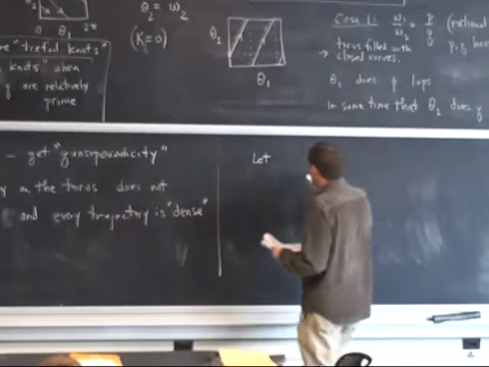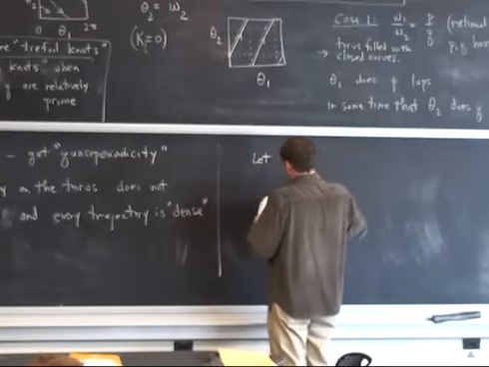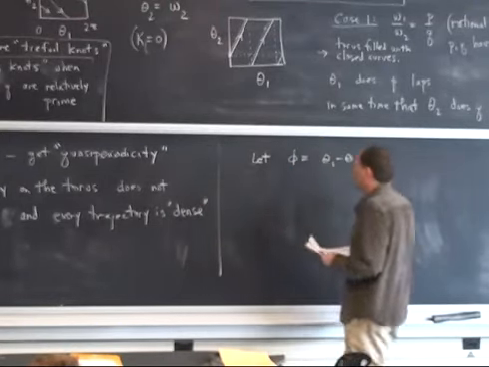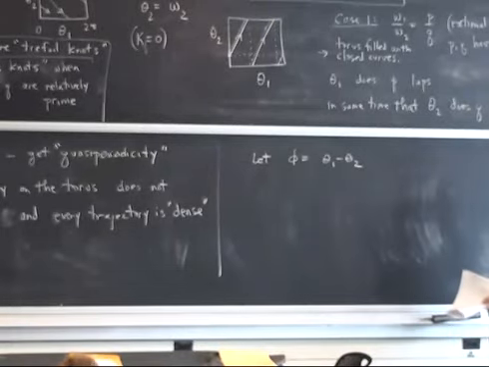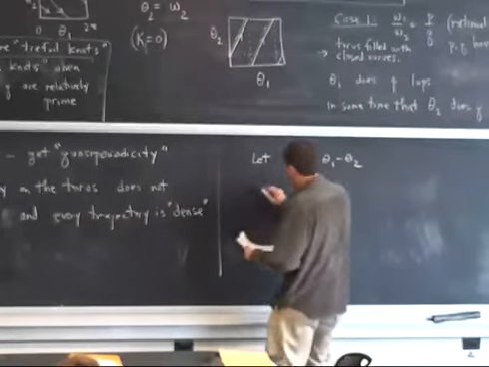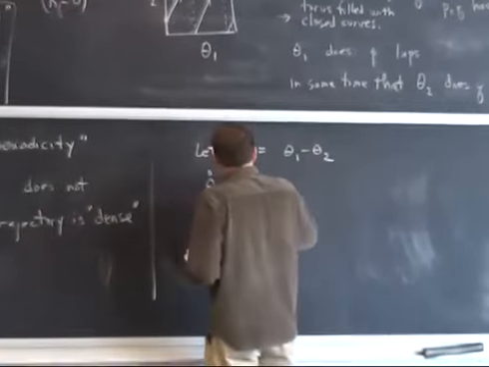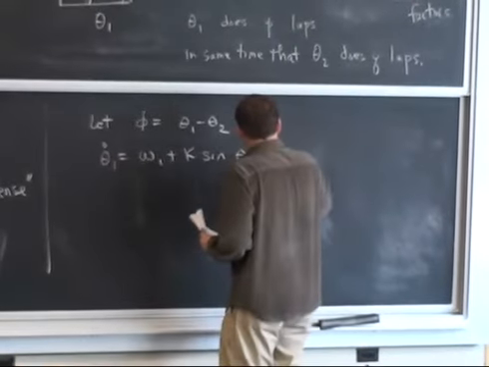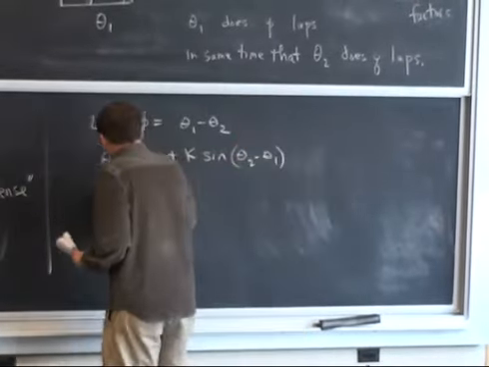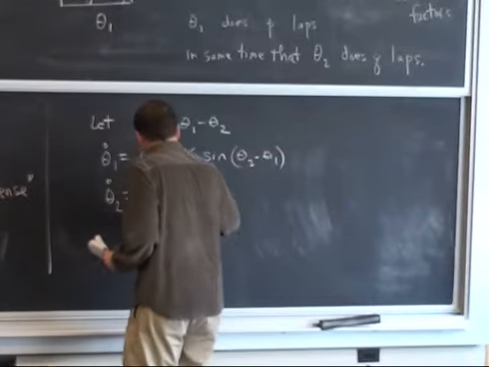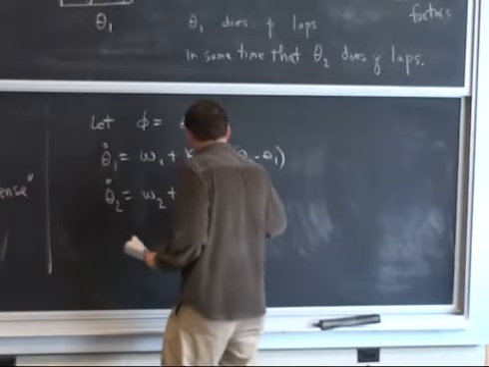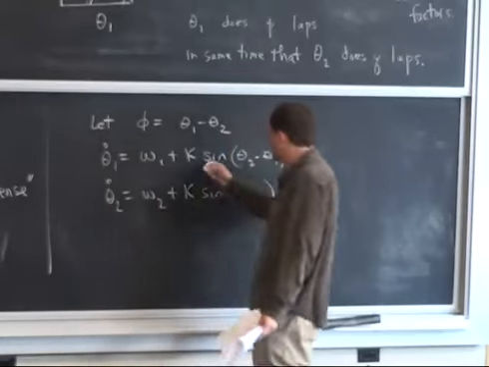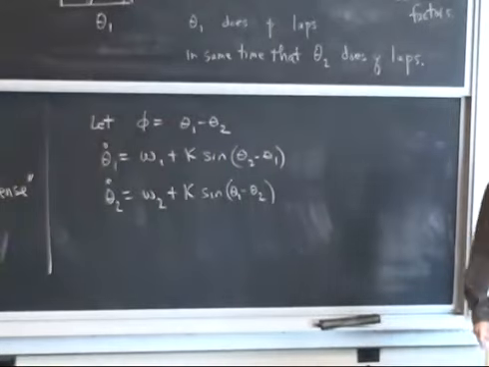And so if I introduce a variable phi to try to understand what's going to happen in my coupled oscillator case, it's natural to look at theta 1 minus theta 2, because our equations, which remember looked like this, theta 2 dot is omega 2 plus k sine theta 1 minus theta 2. Both equations in the sine function, they only depend on the difference of the angles.